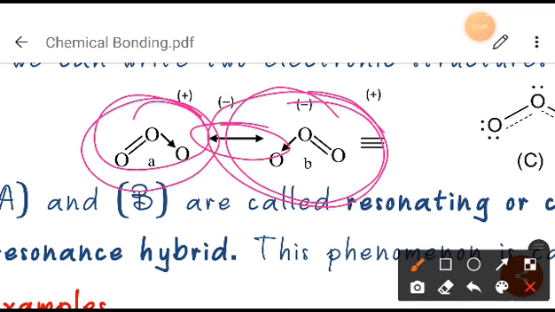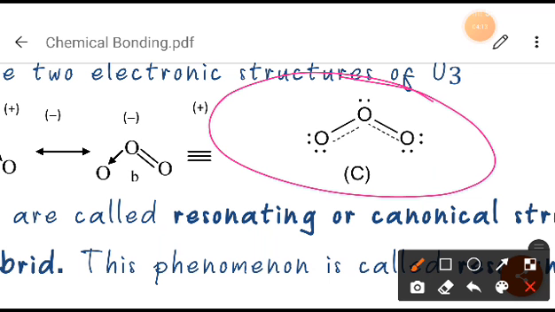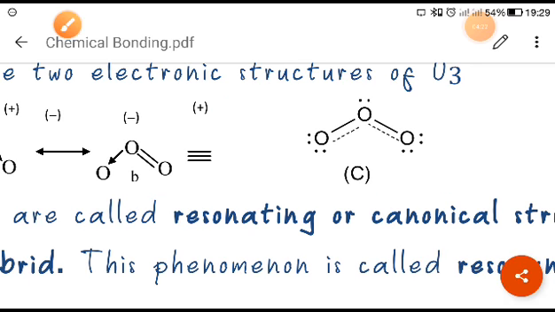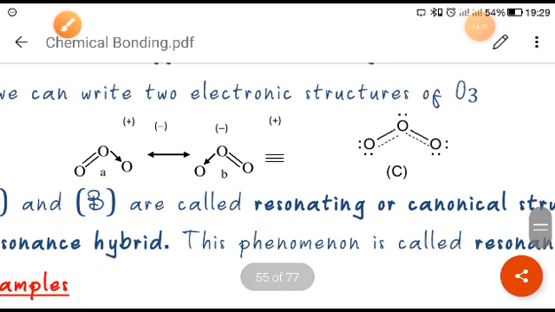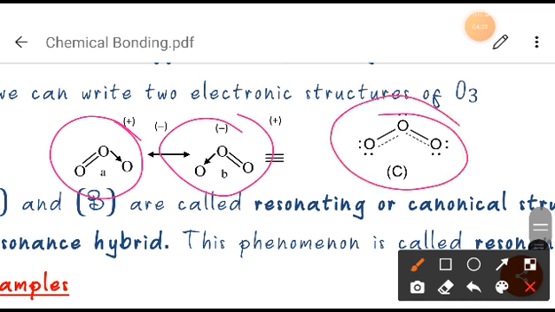So it is believed that the actual structure lies between these two contributing structures, and it is known as the resonance hybrid, as you can see here. I hope you have understood this.